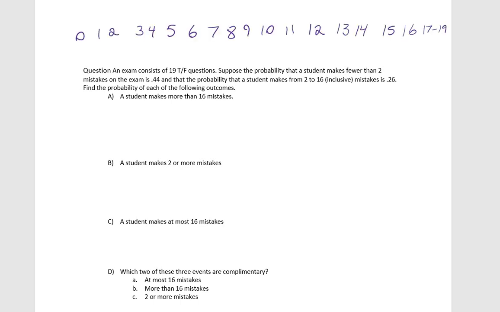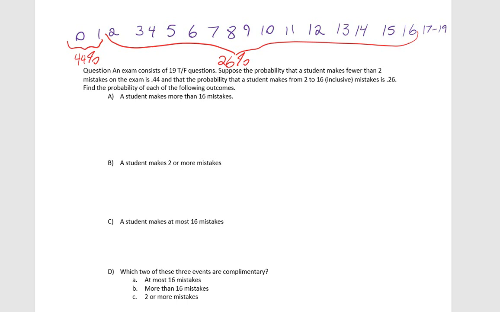Okay, so here's the deal. If a student makes fewer than 2 mistakes on an exam, that means they made either 0 or 1 mistakes, and they have a 44% probability of doing that. They have a 26% probability of making between 2 and 16 mistakes, including 2 and 16.